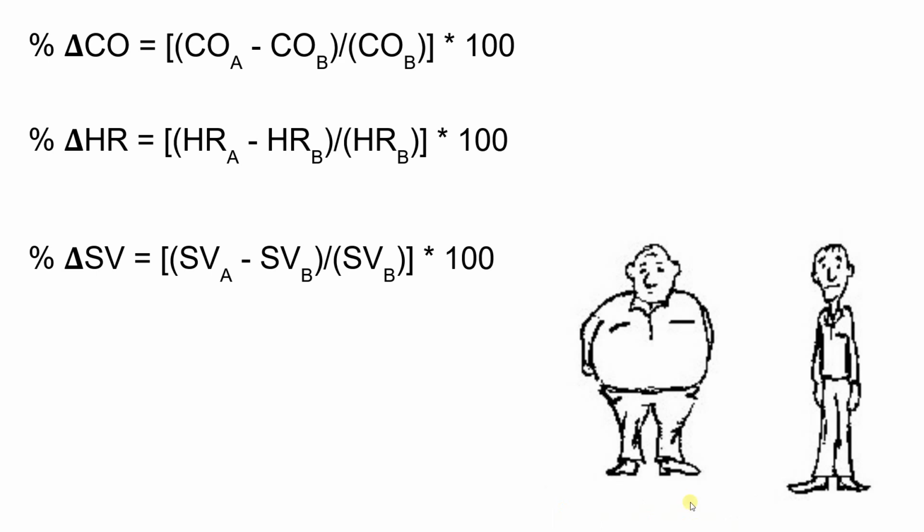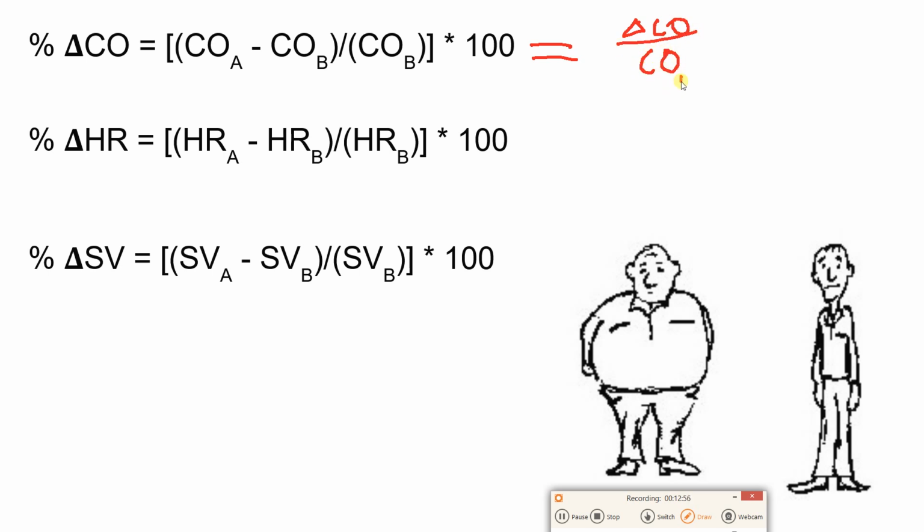And to figure this out, what we do is we take our after exercise minus our before, so that's the change in cardiac output, divide it by the original, so the cardiac output before exercise, and times it by 100. So like, let's say this guy weighs 120 pounds. This guy weighs 240 pounds. Okay?